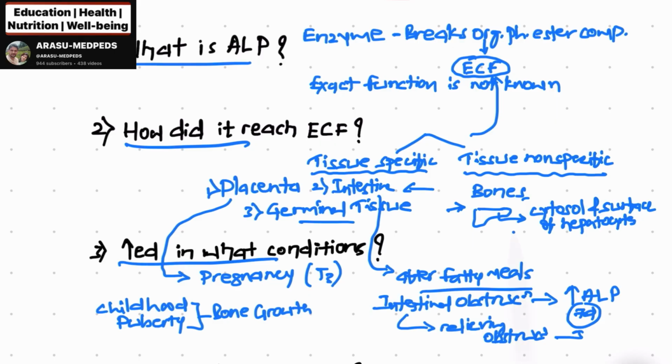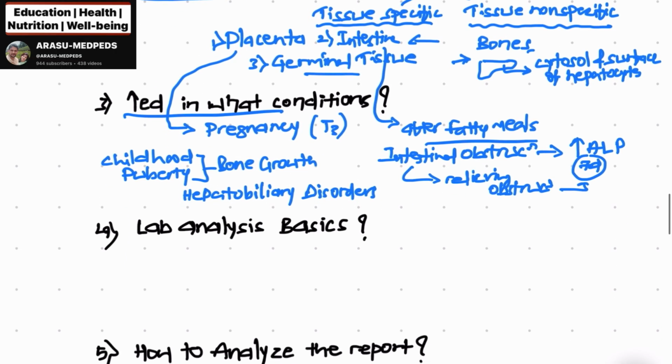Coming to the final source, that is liver, commonly in hepatobiliary disorders, we will get raised levels of alkaline phosphatase. So these are some conditions which we have to consider whenever we get increased levels.